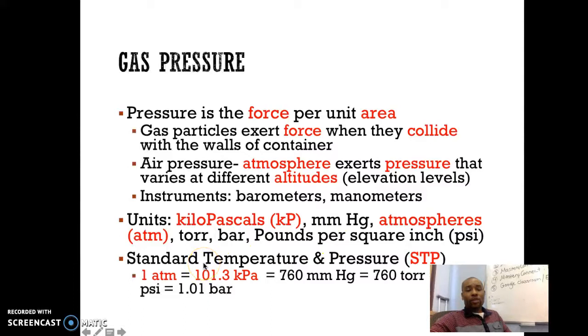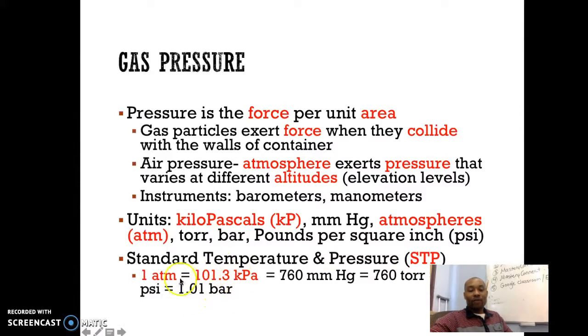And we should know that on Earth, we define standard temperature and pressure, or STP for short. The standard pressure is defined as 1 atmosphere, ATM, which is equal to 101.3 kilopascals, which is equal to 760 millimeters of mercury, which is equal to 760 torr, which is equal to 14.7 psi, which is equal to 1.01 bar.